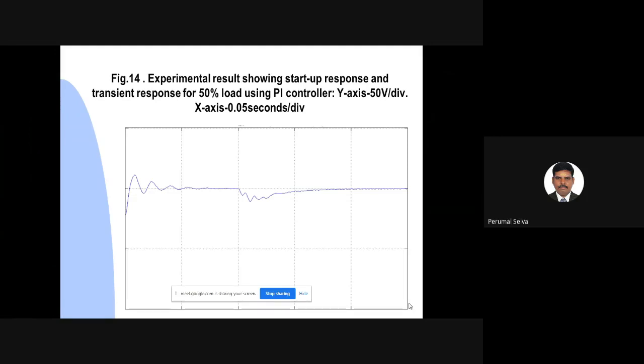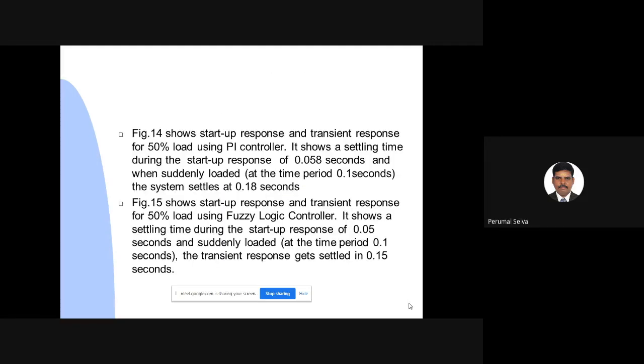So, experimental results showing startup response and transient response for 50% load using the PI controller. It shows a settling time during the startup response of 0.058 millisecond, and when suddenly loaded at the time period of 0.1 millisecond, the startup response of 0.058 millisecond has settled.